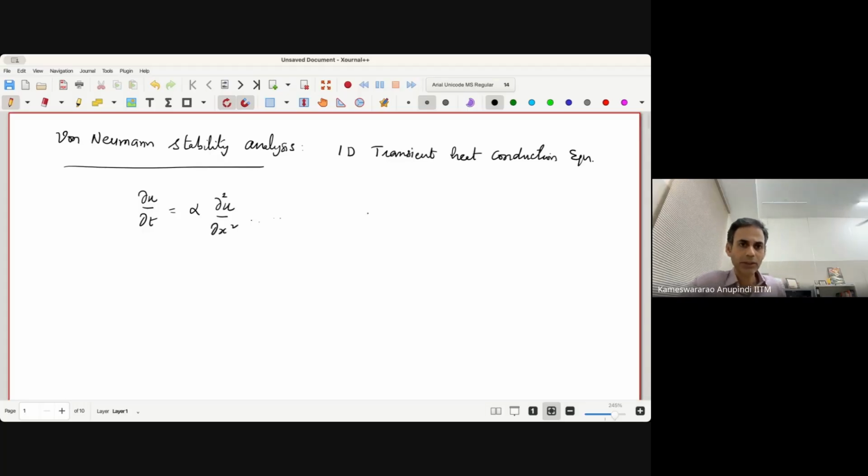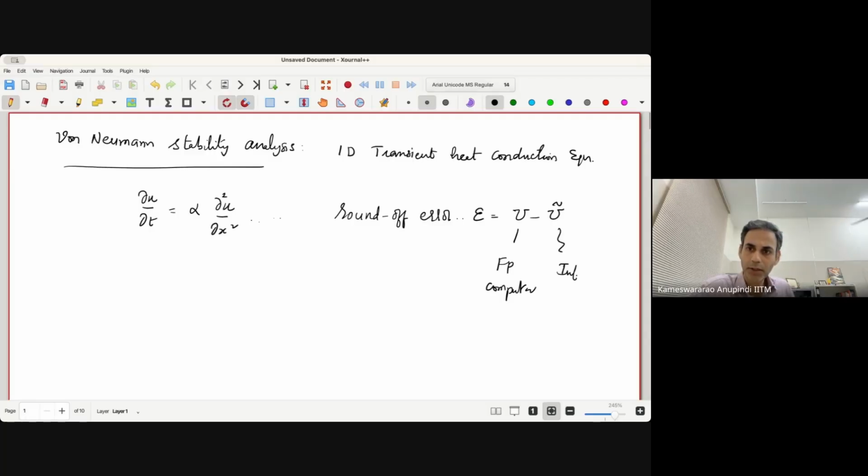And then what we said was that in the von Neumann stability analysis, we're going to deal with the round-off error, which is basically denoted using epsilon as u minus u tilde, where u is the solution obtained on a finite precision computer, and u tilde was the solution obtained on an infinite precision computer, right?